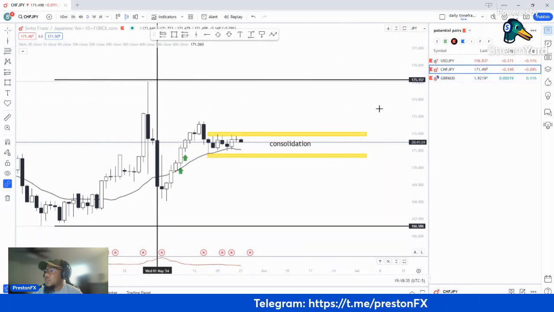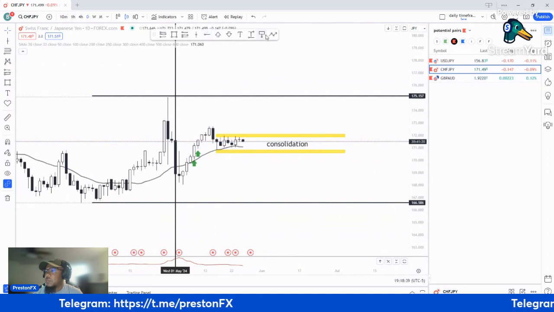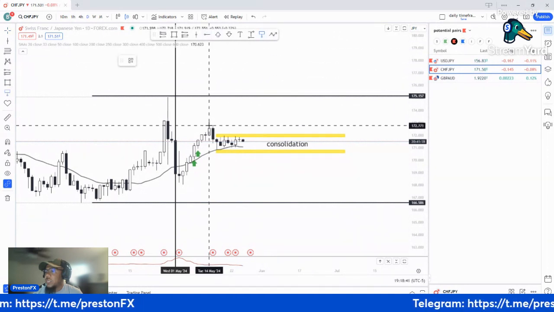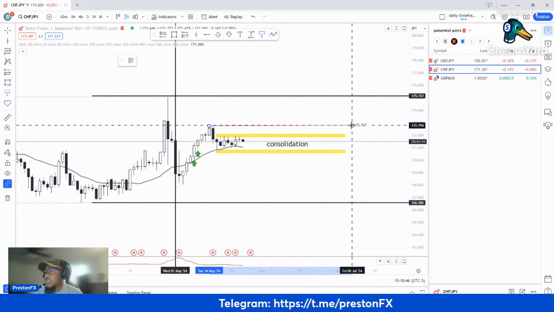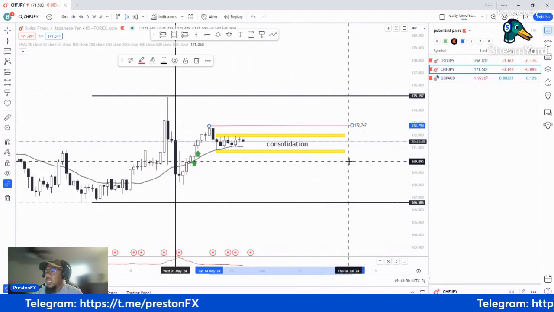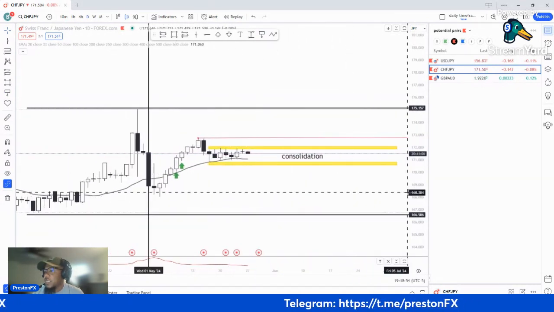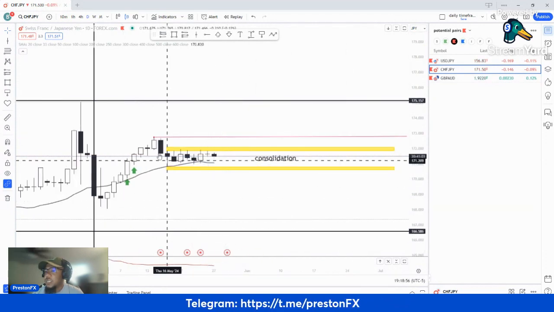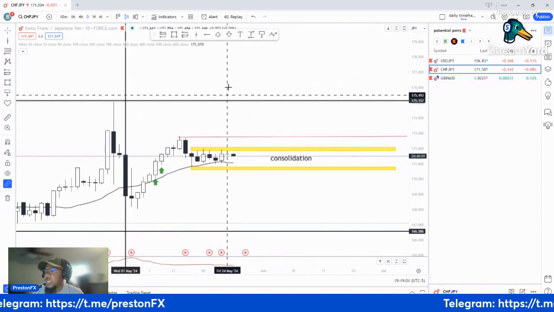So I would kind of monitor this one still, but at the same time, like I said, these are the highs of the month. So I wouldn't look at trying to do anything till a potential buy stop till it was at 172.747.